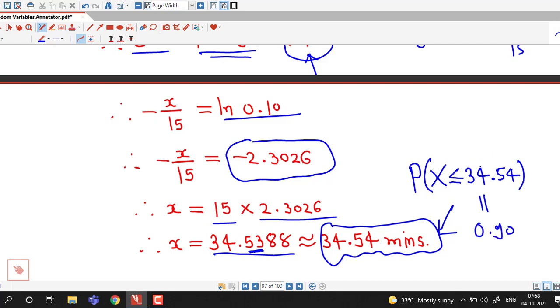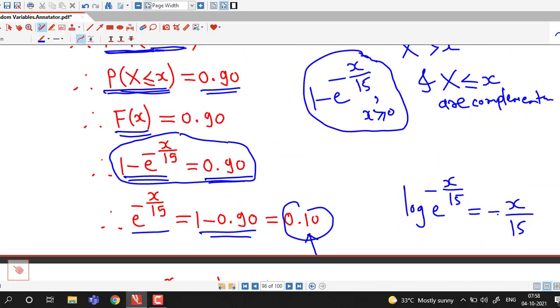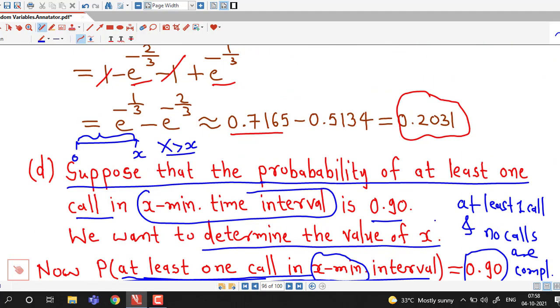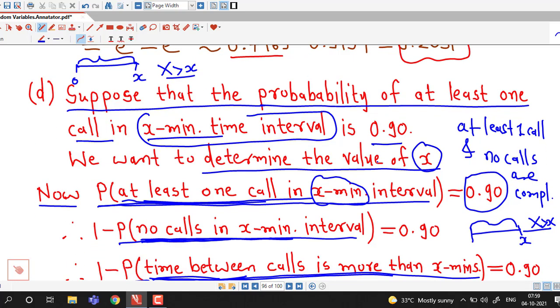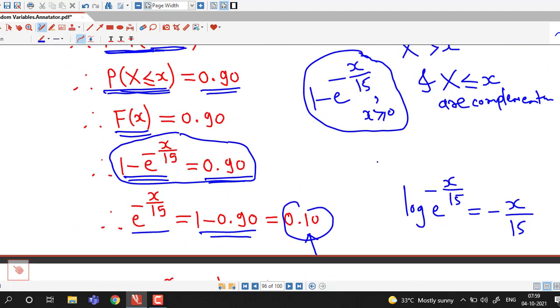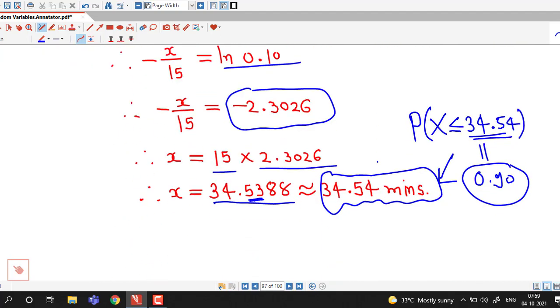So we have found the length of the time interval such that the probability of at least one call in that interval is 0.90. In this way we can do all the subparts.